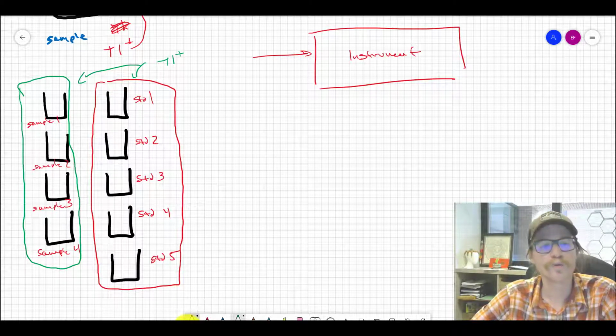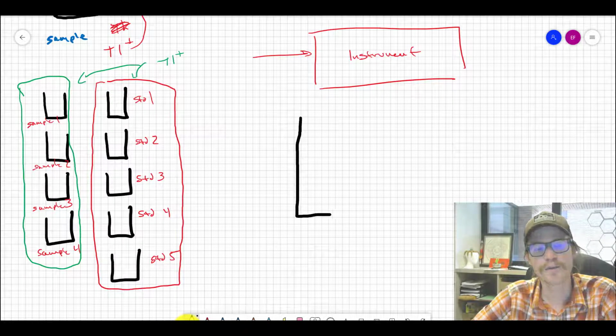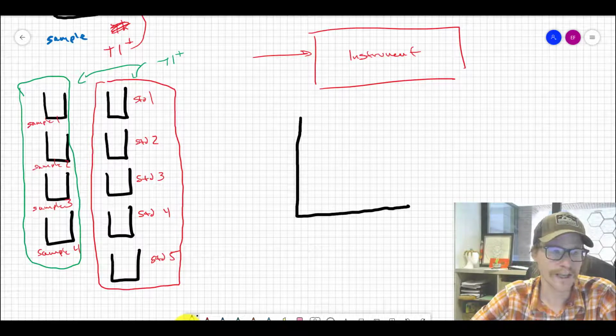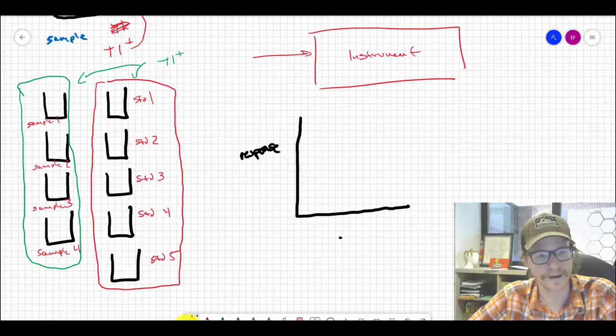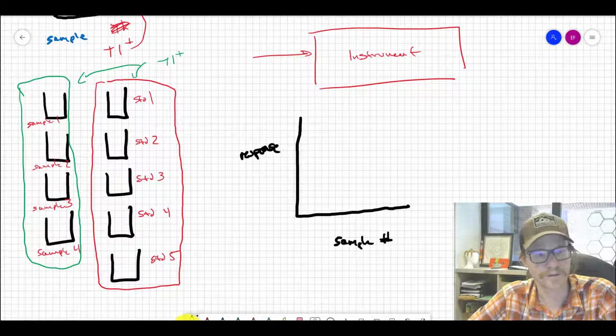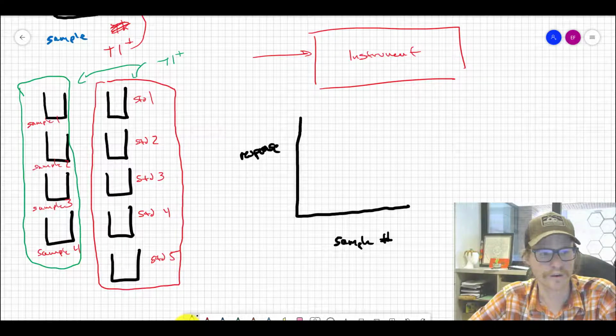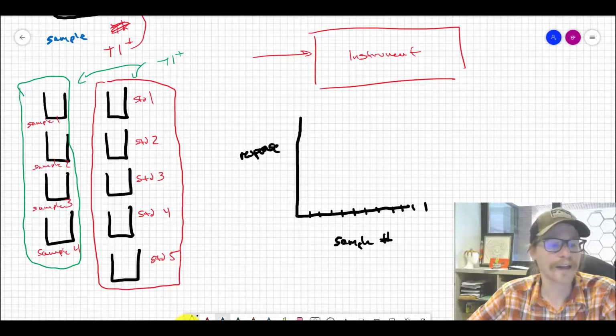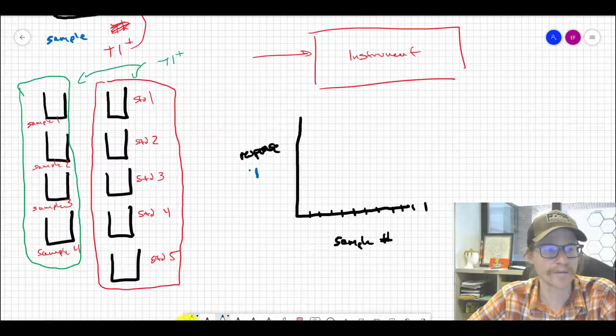Then when you look at thallium in your instrument response, we'll just say response on this axis, and then we'll say sample number down here. So we're talking about sample 1, 2, 3, 4 and standards all the way up. So all of these, right? There's 9 of them. What you would hypothetically expect for thallium, so I'll do that in blue, is that the thallium doesn't change, right?